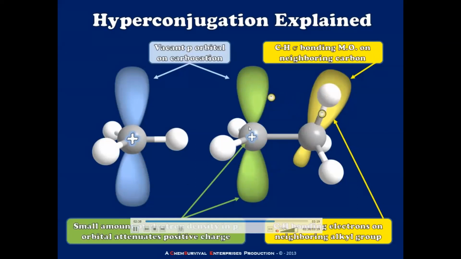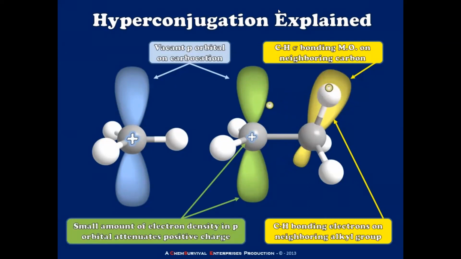Okay. So sometimes you will have some electron density on the p orbital also, and this is with one CH bond. Since you have three CH bonds, all of those CH bonds will be able to give some electron density towards that carbon atom. Can all of you see that? Yes, sir. Now, if you are giving electrons to a positively charged carbon, that positive charge is going to decrease.